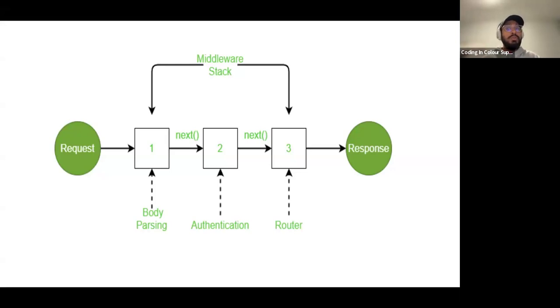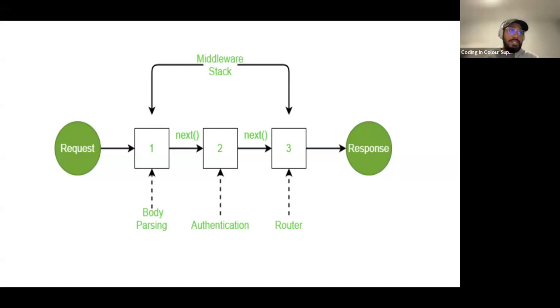So we are essentially doing the authentication even before we are sending a response. Once the authentication is done, it's a pass or a fail. It goes to the next step, which is the router, and the router will send you back a response based on the authentication result.